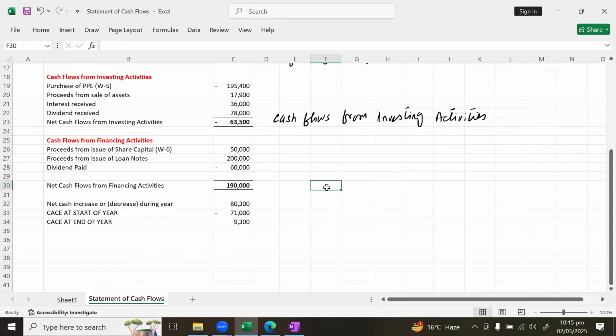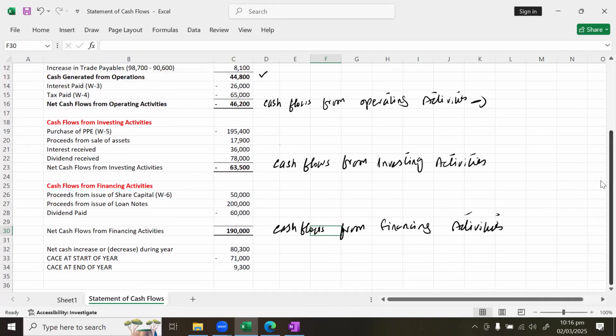This 80,300 came from cash flows from financing. Let us add up all these answers.